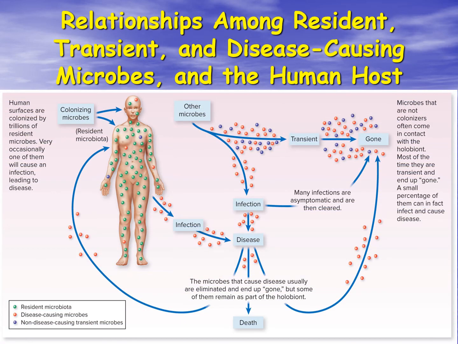So, the relationship among the resident, transient, and disease-causing microbes and the host is that the resident microbiota oftentimes form a barrier for colonizing microbes that could cause disease. Now, some of these normal microbes will actually cause disease under the right condition, but for the most part, these are going to be protective in nature.